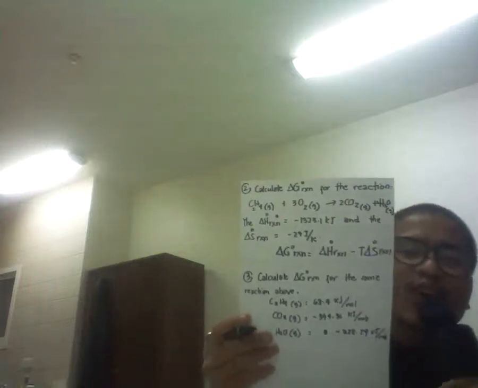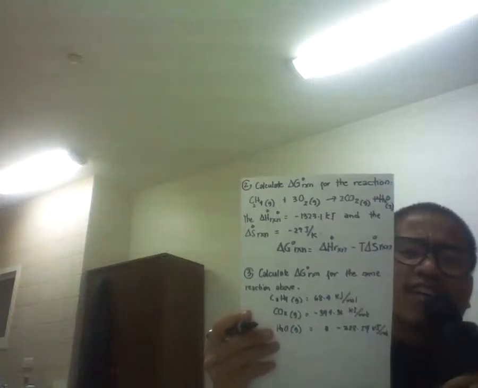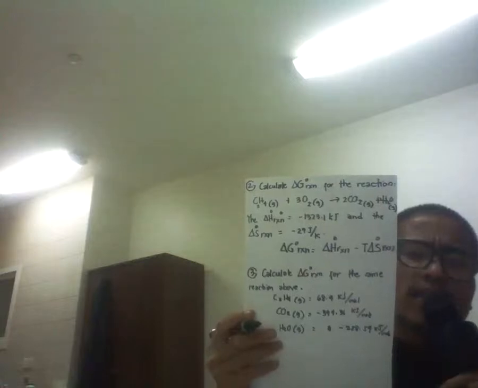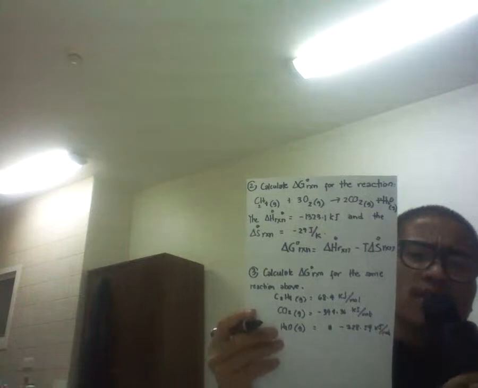Delta G, the standard change of free energy of the reaction, is equal to the standard change of enthalpy of the reaction minus the temperature times the standard change of entropy for the reaction.